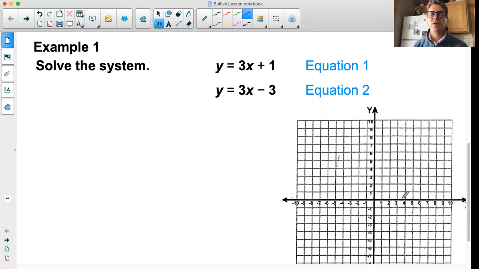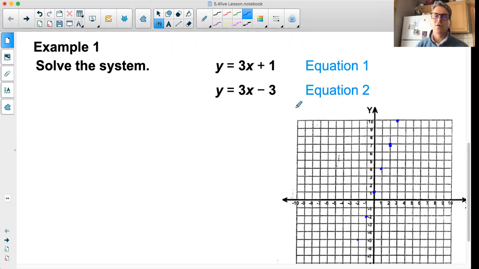If you graph the first equation, you'd have an intercept at +1 and a slope of 3, so up 3 over 1 through these blue dots, or down 3 over 1, and keep going. This would be the line going through equation 1.